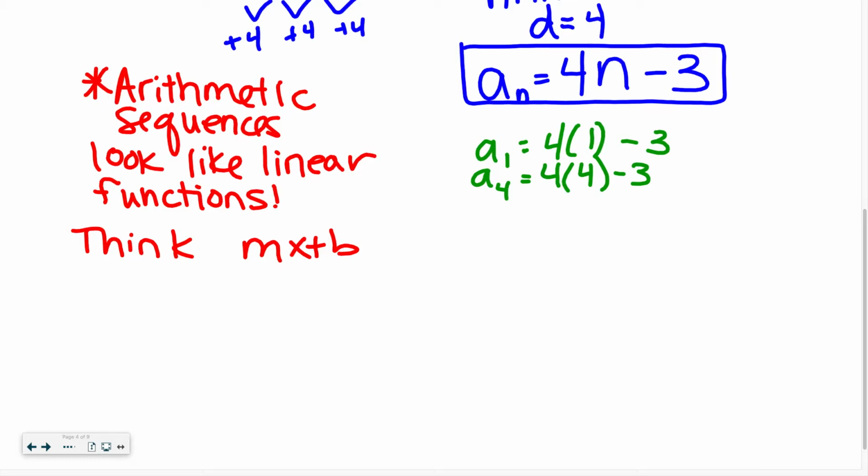Slope times x plus b. b is like your tweak, what that number is, okay? And m is your d, it's your common difference. So whatever you're adding or subtracting every time, that is your slope. So your common difference is your slope, is what I'm trying to say.